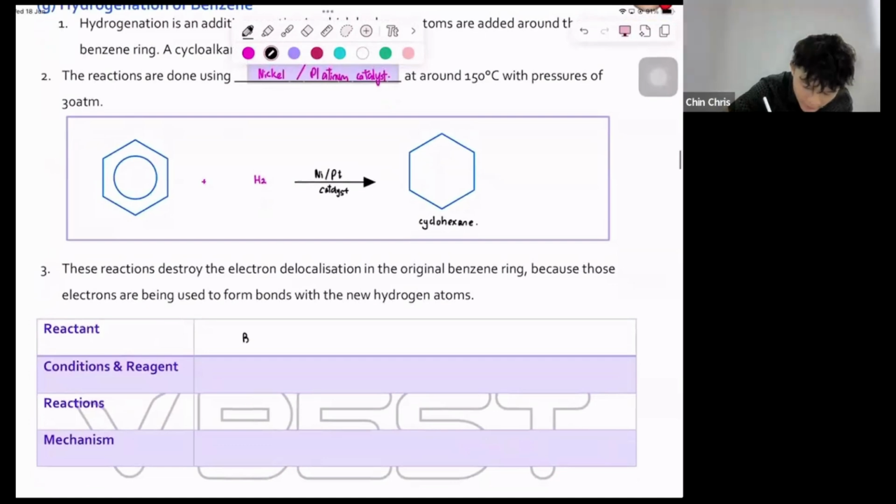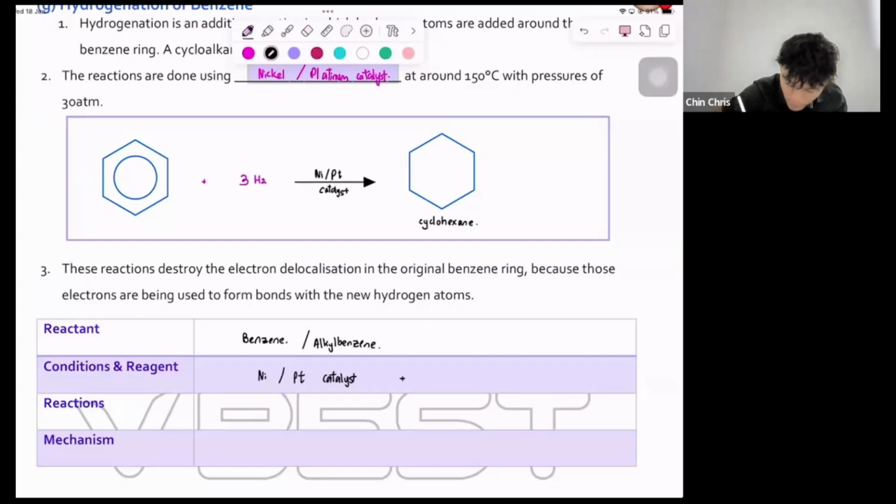Again, starting with a benzene, or I can have an alkyl benzene, it doesn't matter. What I need is a nickel or platinum catalyst. Oh, equation balance, I just realized, 3H2 with hydrogen gas, correct.